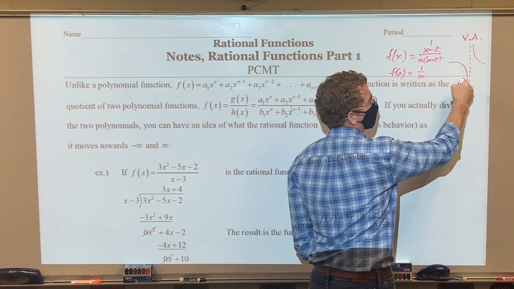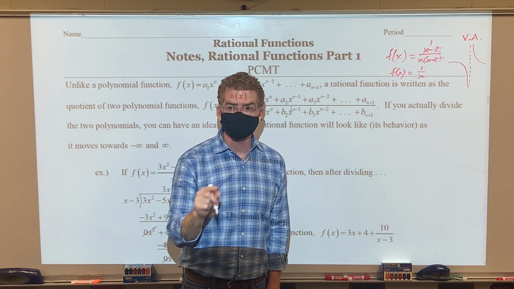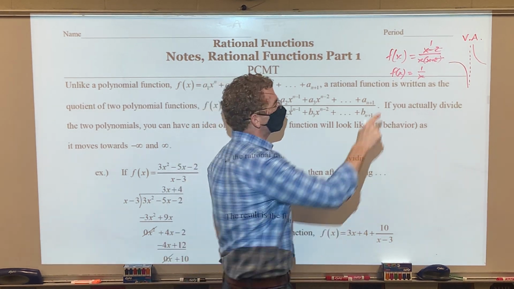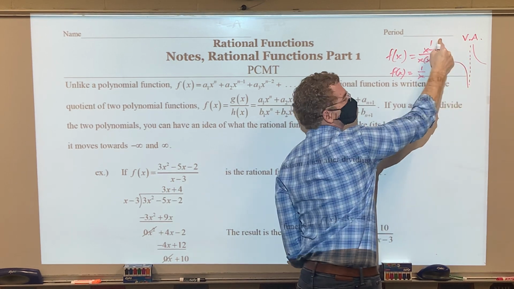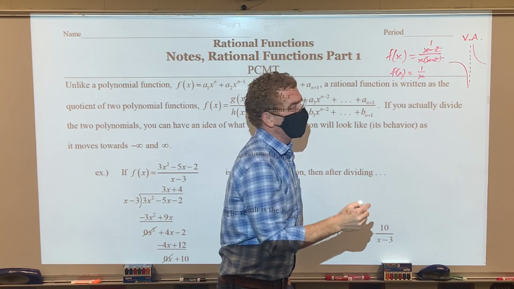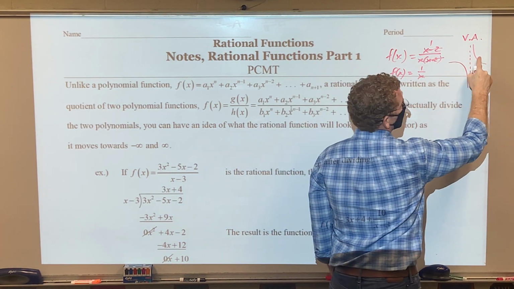And I'm left with the graph that we're already familiar with. But that 2 is still a problem because in the original problem 2 is not allowed. Well, if you ever have a factor like this in the denominator that is also in the numerator that cancels, then at that x value of 2, you're going to end up having what we call a hole.